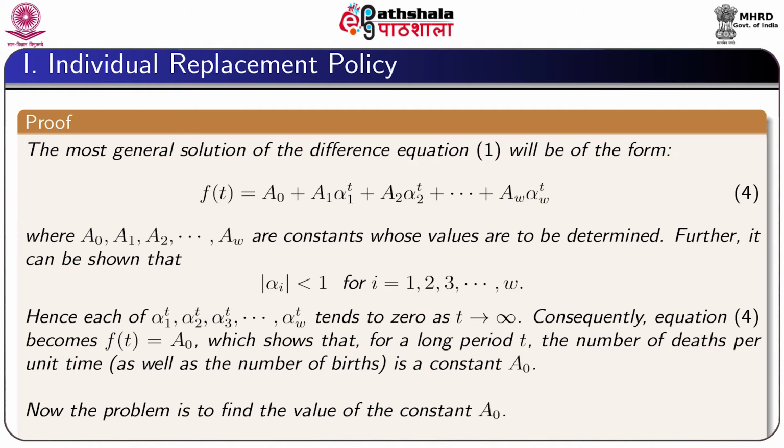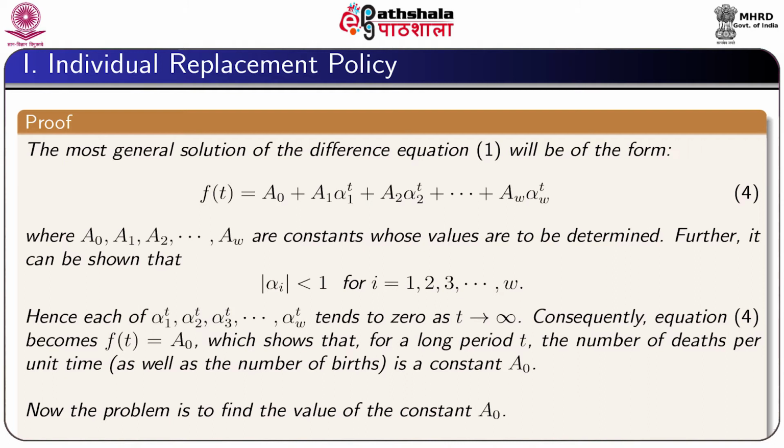The most general solution of difference equation 1 will be of the form f t equal to a 0 plus a 1 alpha 1 to the power t plus a 2 alpha 2 to the power t plus dot dot dot a w alpha w to the power t, where a 0, a 1, a 2 dot dot dot a w are constants whose values are to be determined.